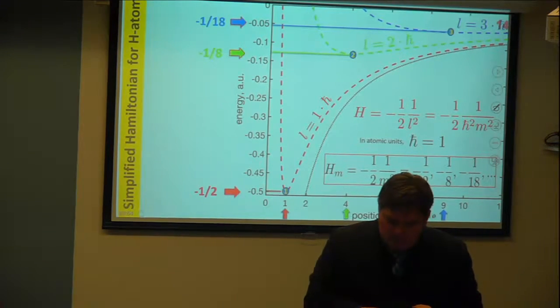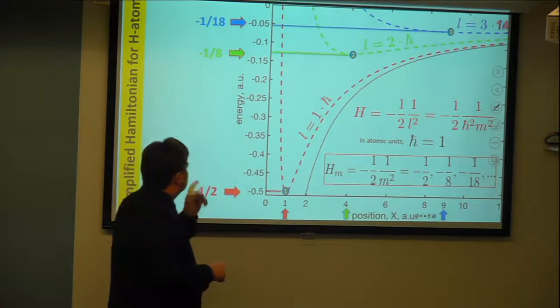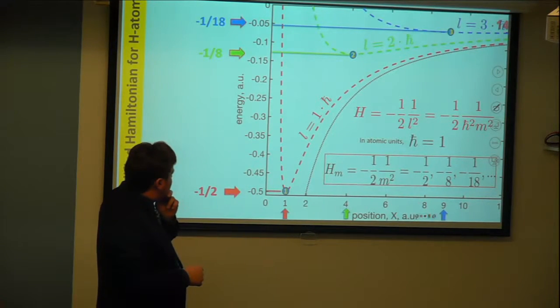So if we arrive at the slide, what is shown?